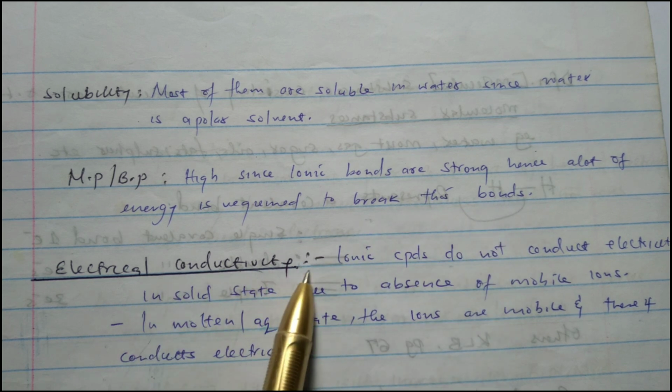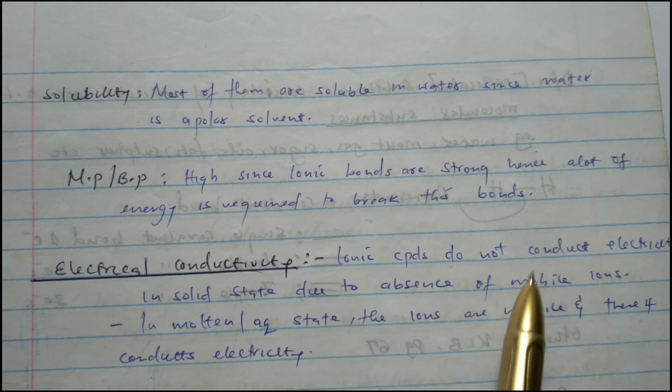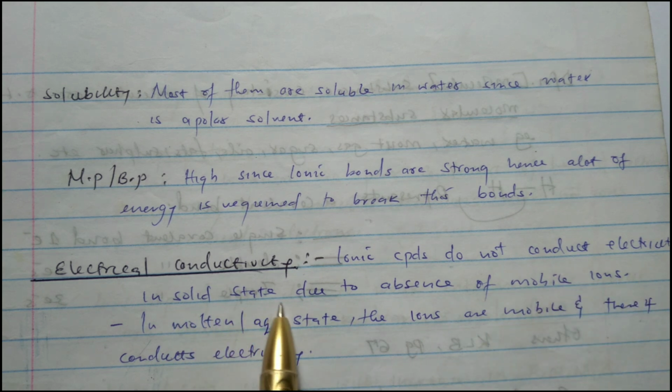And lastly is electrical conductivity: ionic compounds do not conduct electricity in the solid state due to the absence of mobile ions. However, in molten or aqueous state, the ions are mobile, and therefore they can conduct electricity.